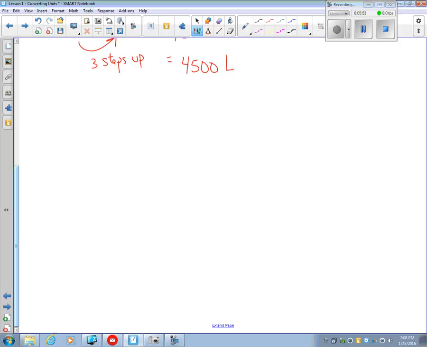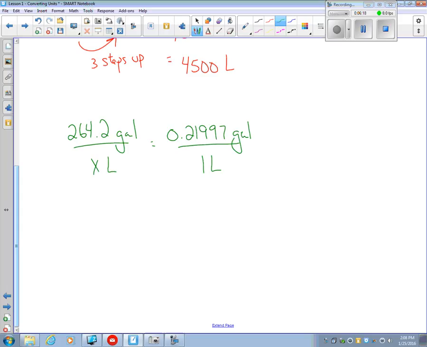Unfortunately, in the tanks, we don't have liters of wine, we have gallons of wine. So to make it easier, I got to convert my gallons into liters. So I'm going to take my 264.2 gallons. I want to know how many liters that is. My conversion factor, 0.21997, and that's 1 liter. It allows me to cross multiply, so 0.21997x to 264.2.